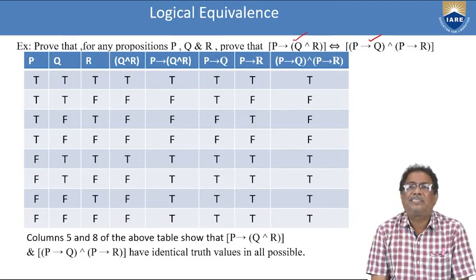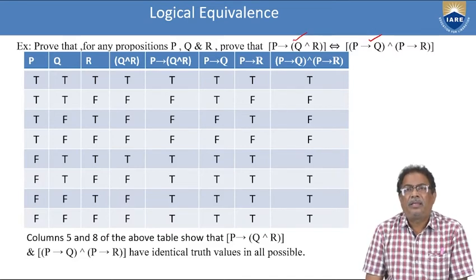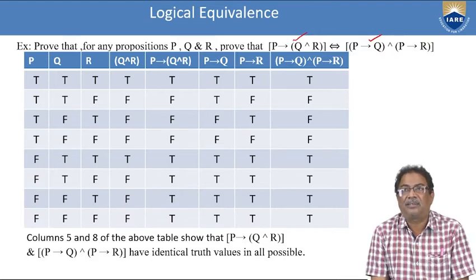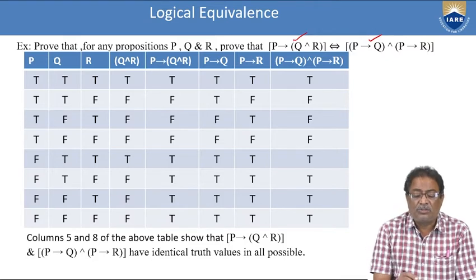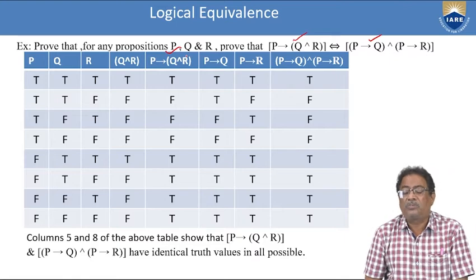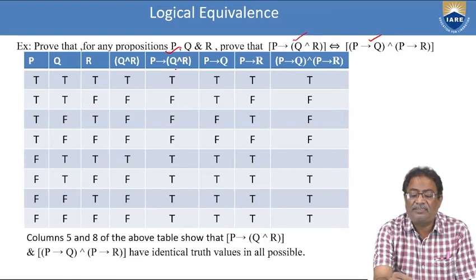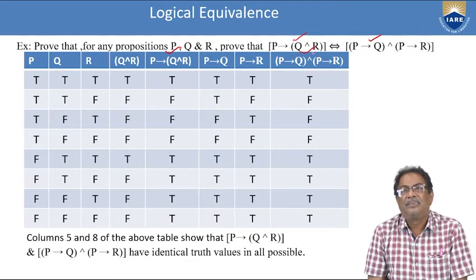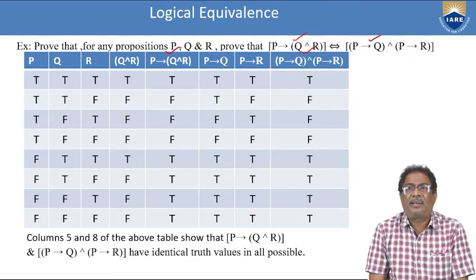So we take the truth table and verify whether both are logically equivalent or not. Observe this truth value. This is the first compound proposition, the left hand side, and this is the right hand side.